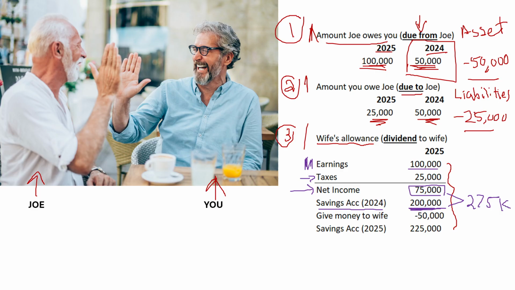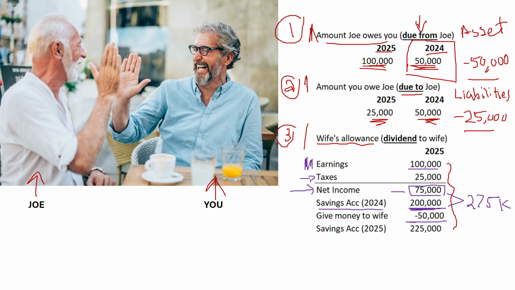So at this point, you would have $275,000. Okay, but then you decide, hey, I'm going to give my wife some money, some allowance. We can call it a dividend because you're a good husband. So you subtract $50,000 after all of the taxes have been taken, all the costs have been taken.